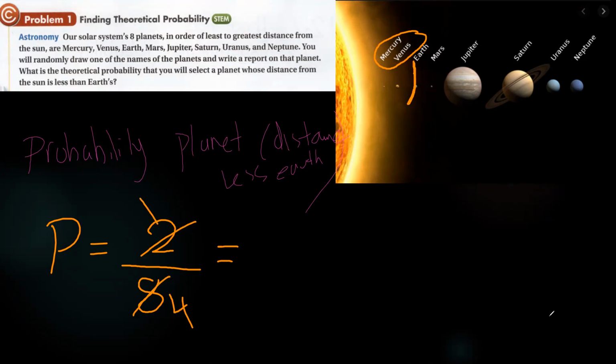After you simplify, you will find that the probability here is 1/4. So to get one of the planets whose distance is less than the Earth, the probability is 1/4.